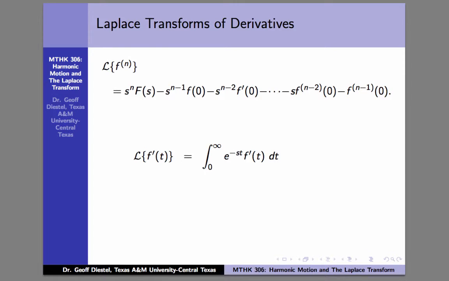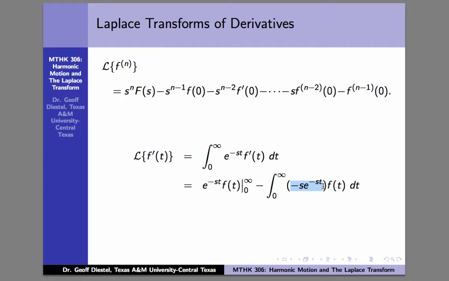Let's look at just one derivative, n equals 1. All we do is integrate by parts. We're going to let u be e to the negative st, and let dv be the derivative, f prime. Using integration by parts, I get u times v, evaluated from 0 to infinity, minus the integral from 0 to infinity of v, which is f of t, du.